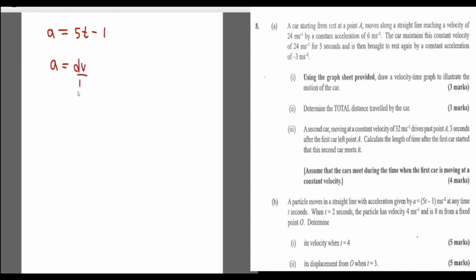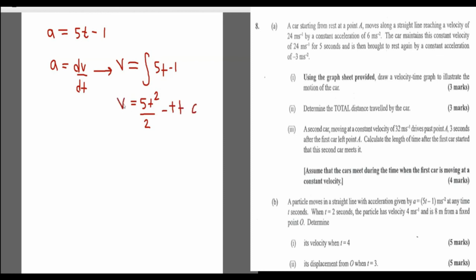That implies that the velocity is equal to the integral of the acceleration. So integrate 5t minus 1, and that will tell us that the velocity is 5t squared over 2 minus t, plus some constant c. This is the formula that will give us the velocity.